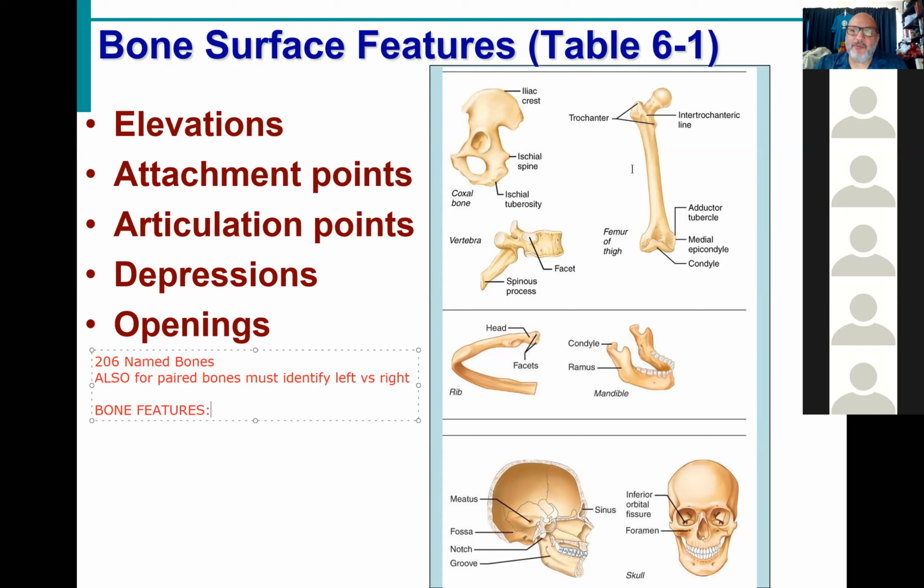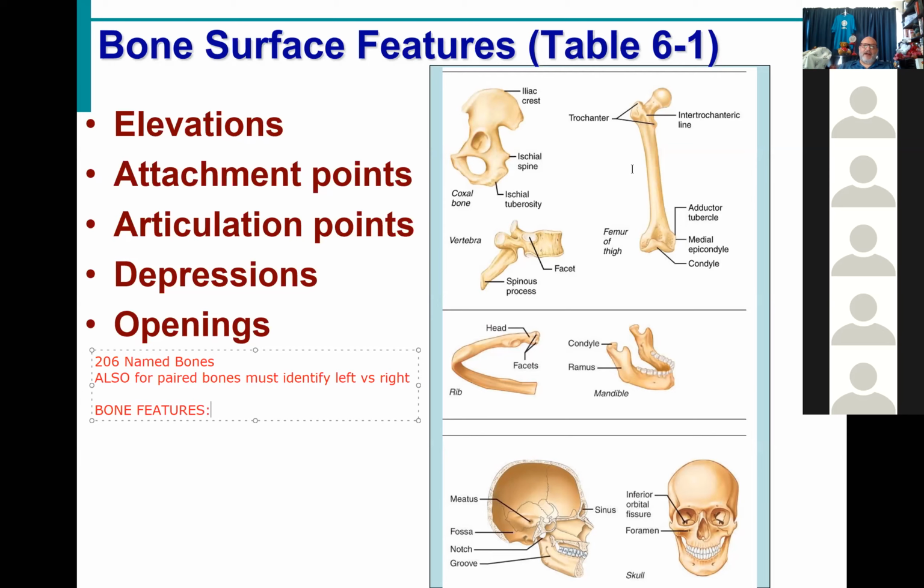So, anybody bother to print out the study guide like I asked? Let me ask you a question. How many bone features are you responsible for on the frontal bone? I'll wait.